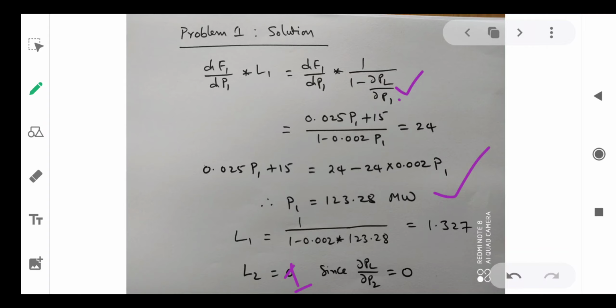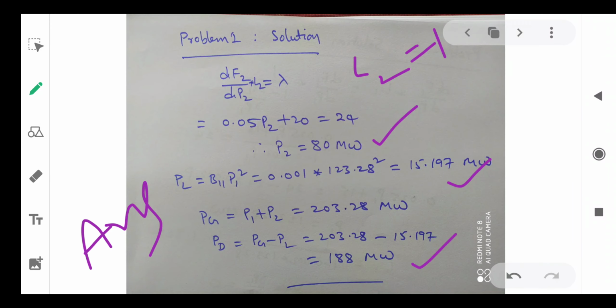Lambda is given as 24. So ∂F1/∂P1 into L1 equal to 24, from which you can obtain P1 value. After substituting P1 value, you can obtain L1, penalty factor for plant 1, and penalty factor for plant 2 is 1 since ∂PL/∂P2 equal to 0. By substituting that, you can obtain P2 value 80 megawatts.